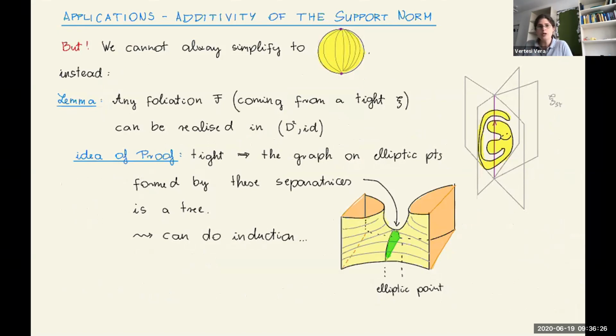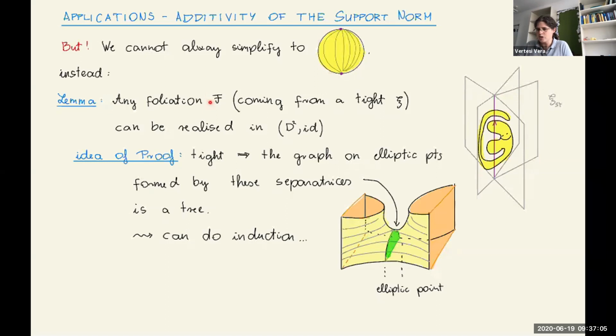So you can't always do that, but you can do something equally useful: if you have a foliation on your S2 which is coming from a tight contact structure, then it can actually be realized as the boundary of an embedded D3 in the standard open book for S3.